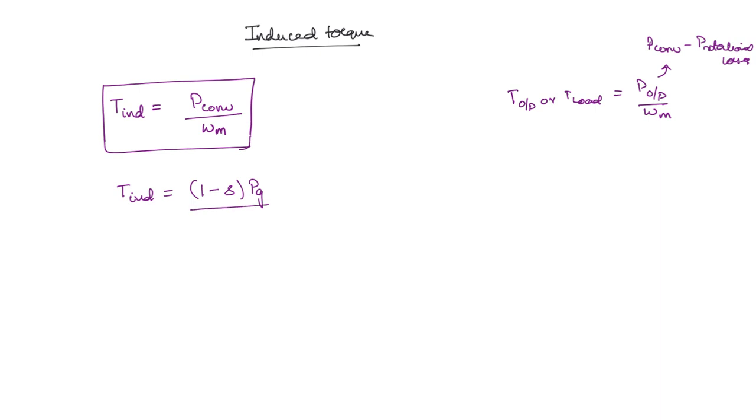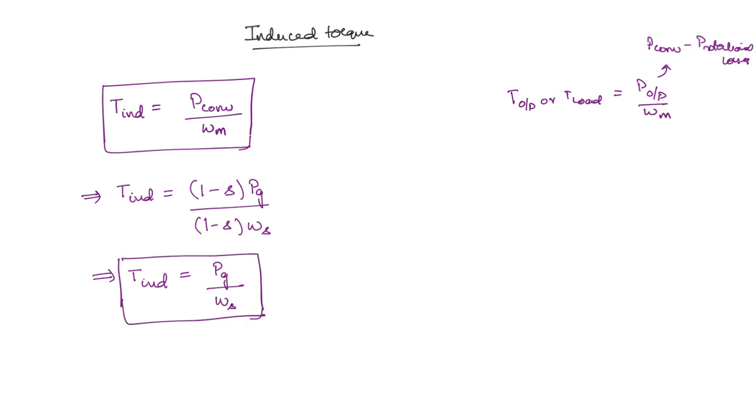You can express this in terms of the synchronous speed as (1 minus S) times omega S. So the induced torque is equal to the air gap power divided by the synchronous speed. This expression is more often used, because the synchronous speed is independent of the load changes. It is constant for a particular machine.